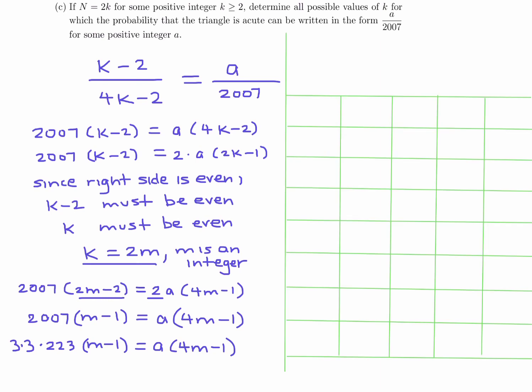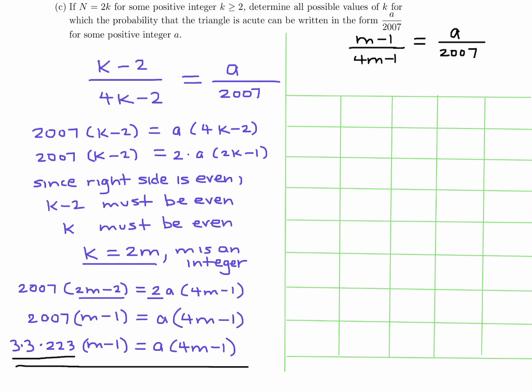So here we go. And before I get started, I'm going to write that in a little bit different format. a over 2007 is equal to m minus 1 over 4m minus 1, right? I just rearranged it. I didn't change it in any way.